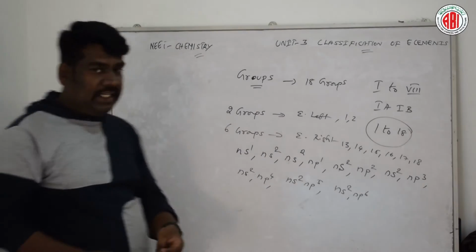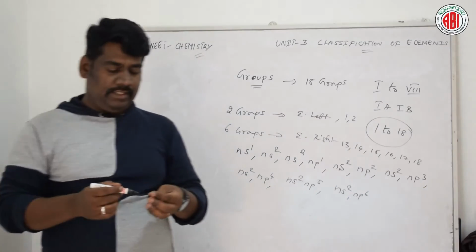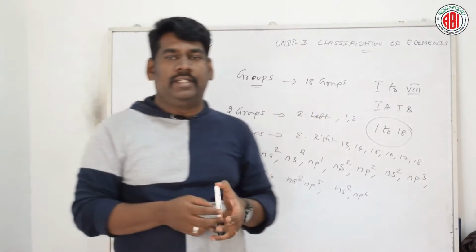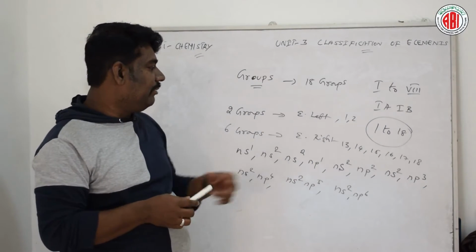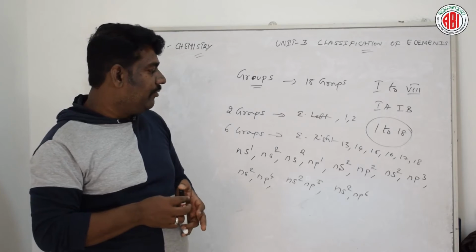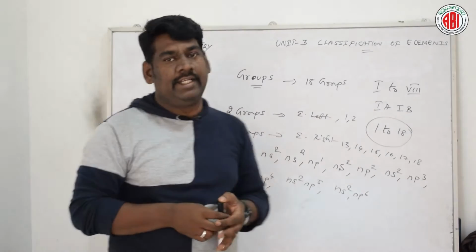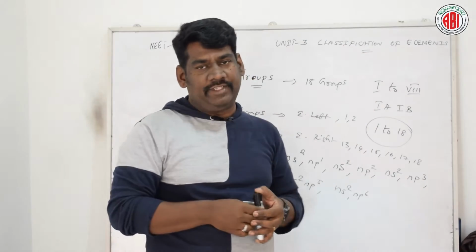So these are the electronic configurations given for the predominant groups, the extreme left and extreme right, groups 1, 2, 13, 14, 15, 16, 17 and 18 respectively.